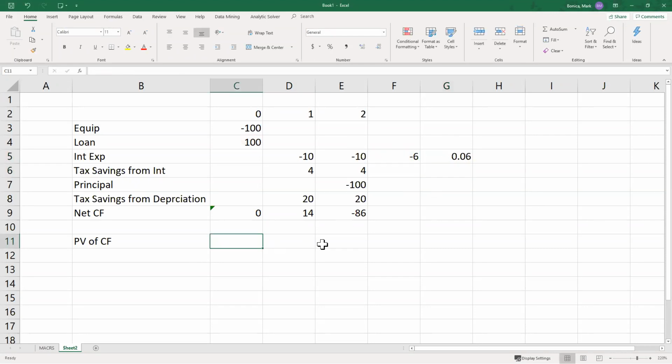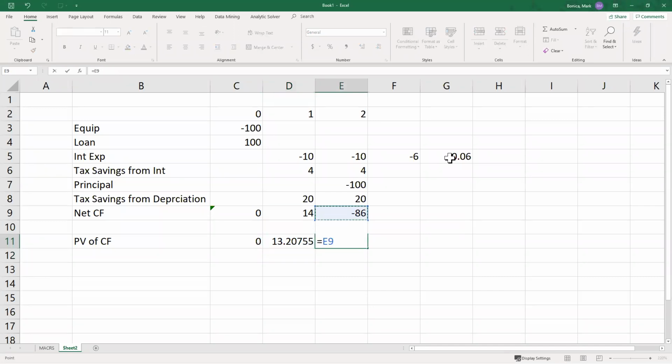Positive 6%. So we're going to discount each of these cash flows back to the present at 6%. This one doesn't have to be discounted because it's itself. This one has to be discounted 1 year, so I'm going to take that divided by 1 plus my interest rate, and that's worth 13.2.